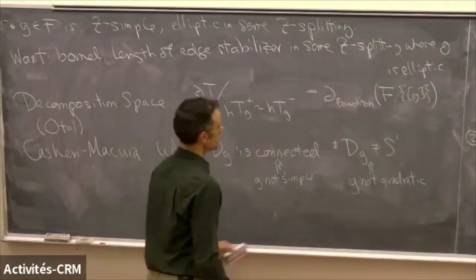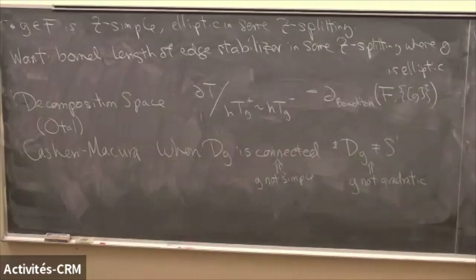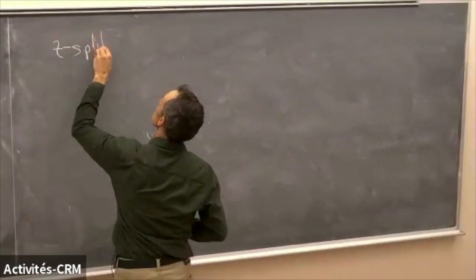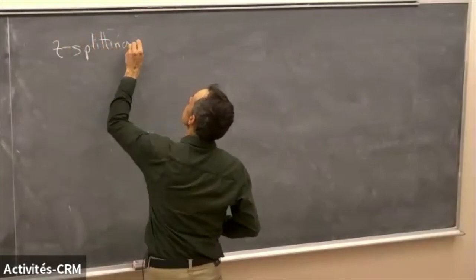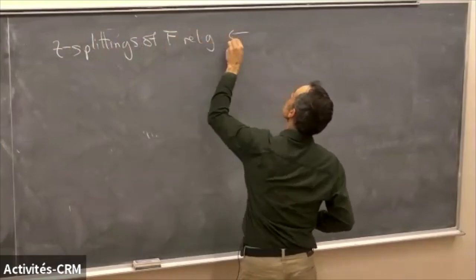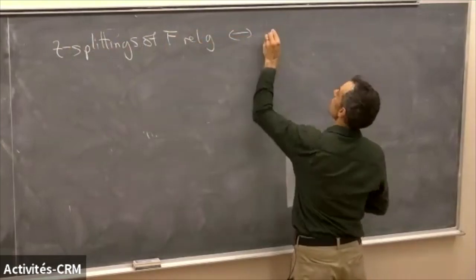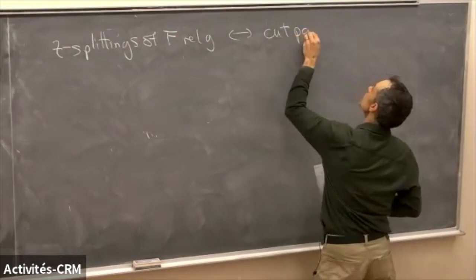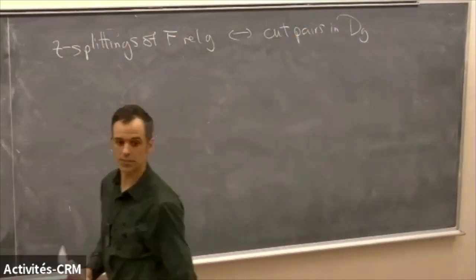Okay, but in these cases here, there's really this connection between cut pairs, with some adjectives, in the boundary and Z splittings of F relative to G. So there's this connection between Z splittings of F rel G and cut pairs, like I said, with some adjectives, in the decomposition space.